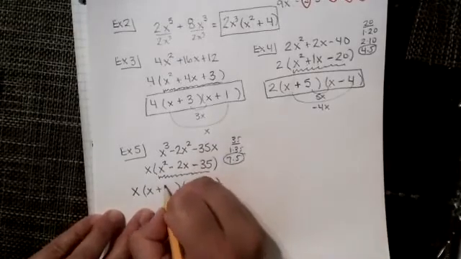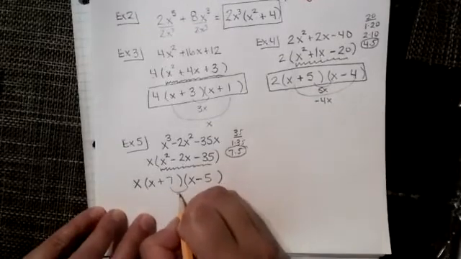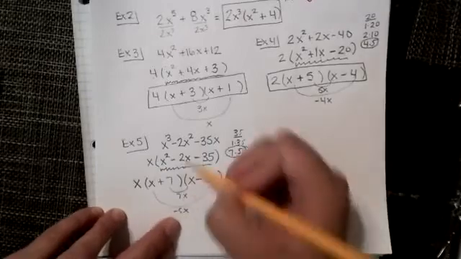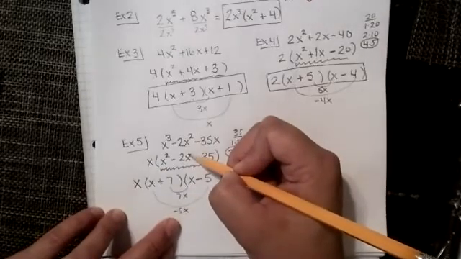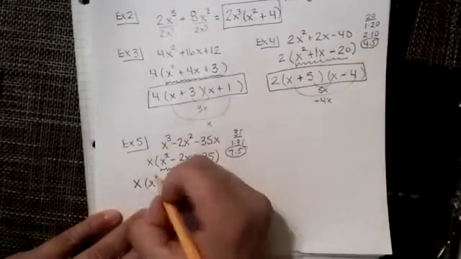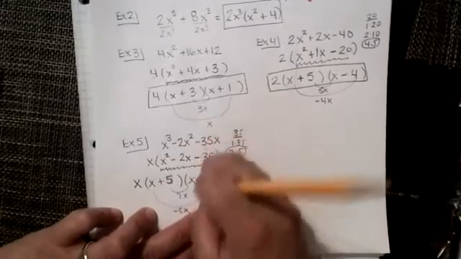Now, let's say I just put the 7 here and the 5 here. If I did that, this is going to give me a 7x. This is going to give me a negative 5x. Does that give me negative 2x? No, it doesn't. So I'm going to switch the numbers around. I'm going to put the 5 on this side now, and I'm going to put the 7 on this side.